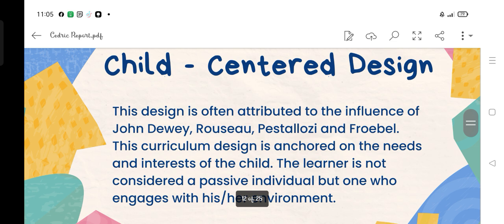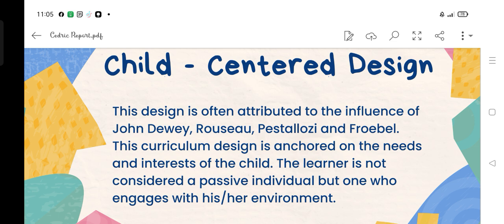Okay, the first one is the child-centered design. This design is often attributed to the influence of John Dewey, Rousseau, Pestalozzi, and Froebel. This curriculum design is anchored on the needs and interests of the child. The learner is not considered a passive individual, but one who engages with his or her environment. Ang sabi nga nila, one learns by doing, di ba?